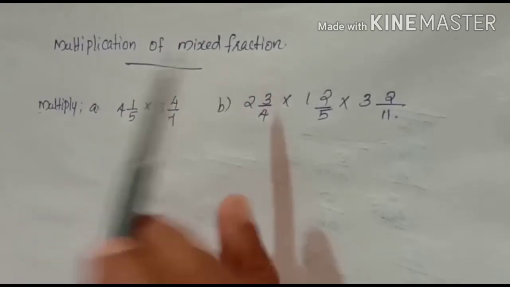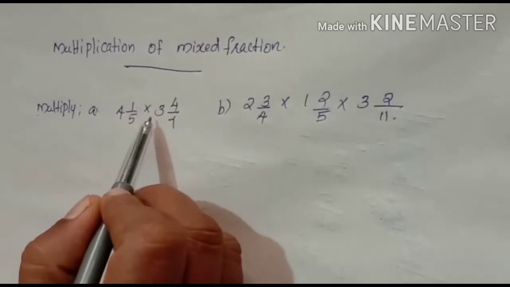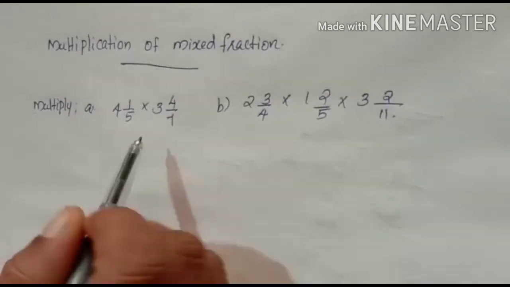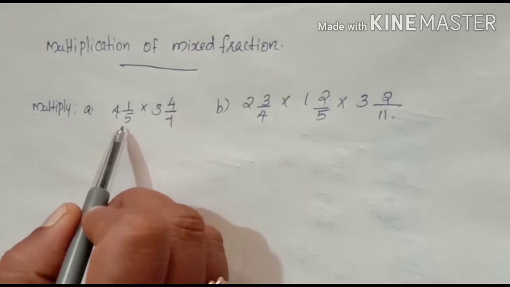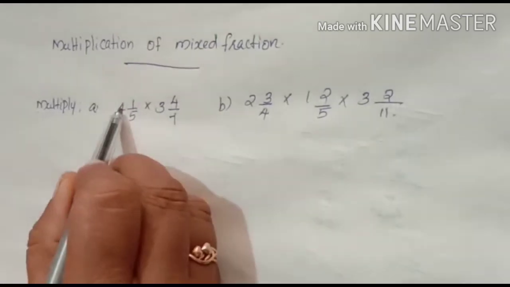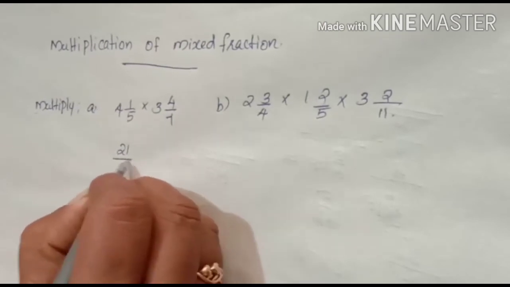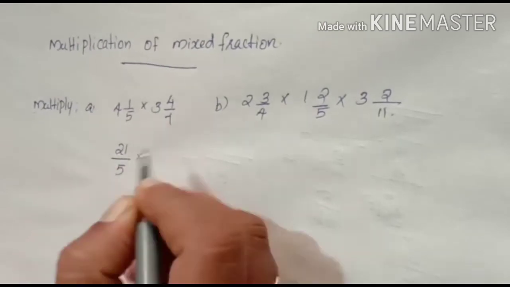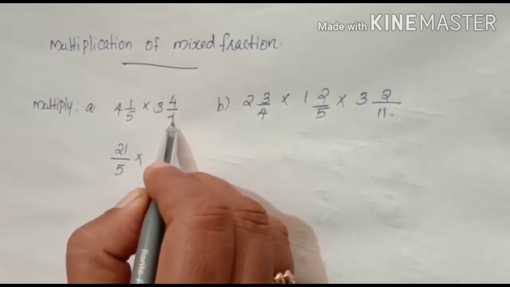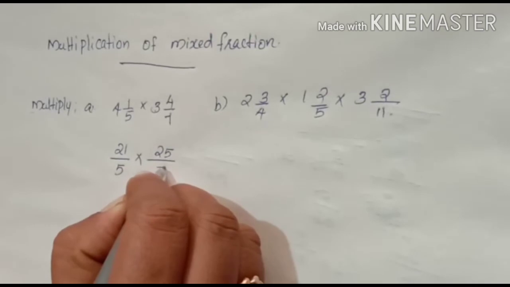Multiplication of mixed fractions. First one, 4 1 by 5 into 3 4 by 7. Both are mixed fractions. First we have to convert them into improper fractions. 4 into 5 plus 1. 4 5s are 20. 20 plus 1, 21. 21 by 5 into 3 7s are 21. 21 plus 4, 25. 25 by 7.